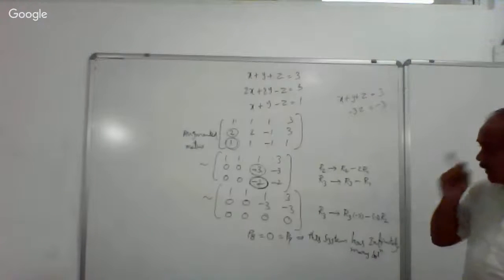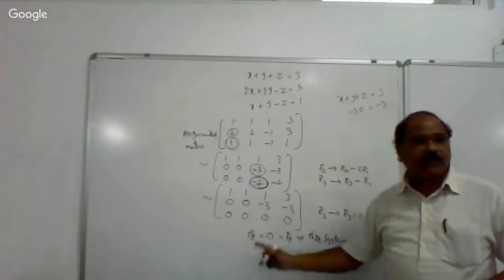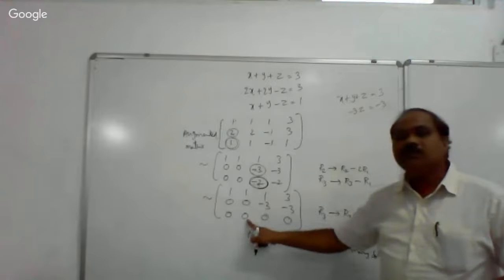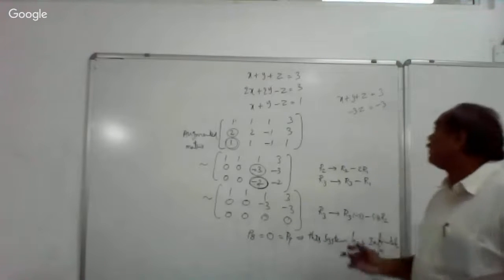Okay. Now the last one: 0 into x plus 0 into y plus 0 into z equal to 0, which means 0 equal to 0, satisfied.